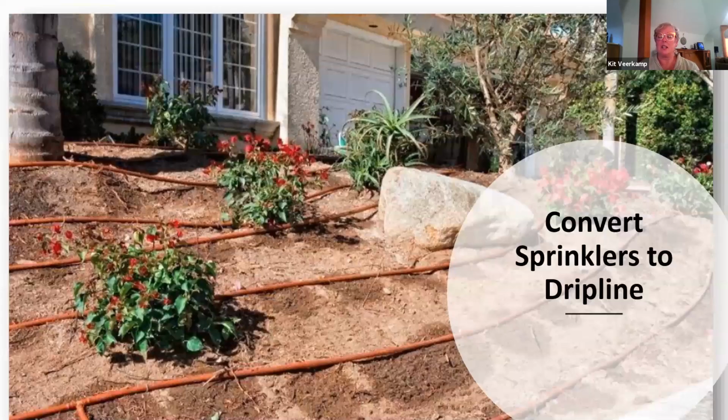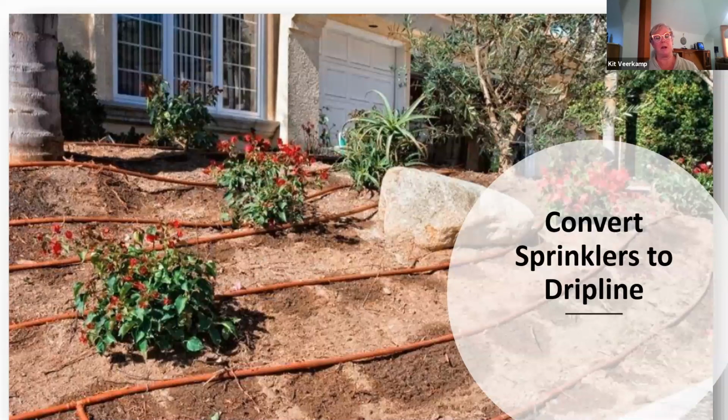It's pretty easy to convert from sprinklers to drip lines. I've done it at my other home where I decided to remove the lawn and put in drought tolerant ornamental grasses and a few other low growing ground covers.